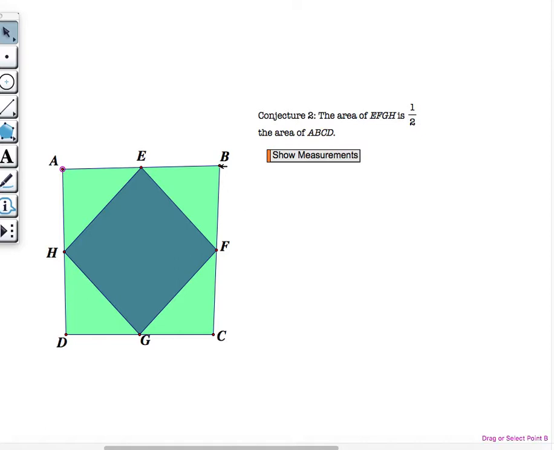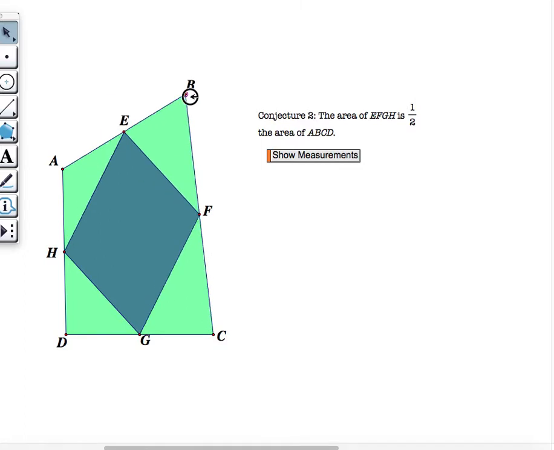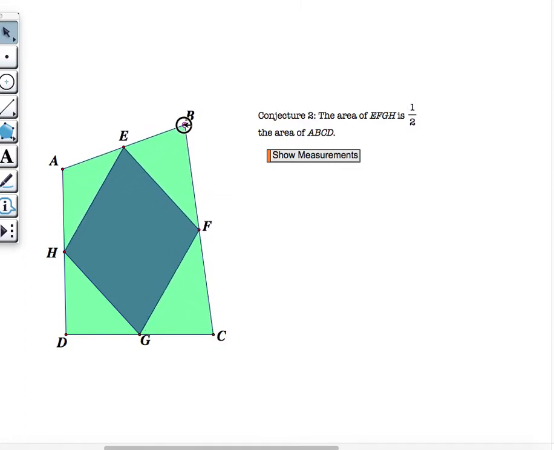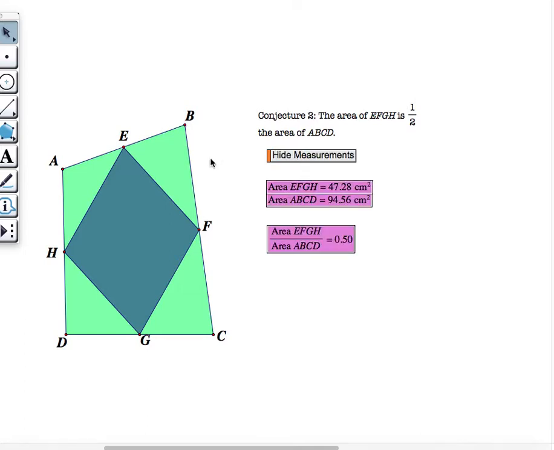This one is harder to prove formally, and so another empirical justification might help. I've calculated the ratio of these two areas, the midpoint quad and the larger quad.